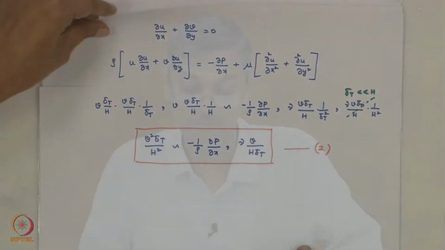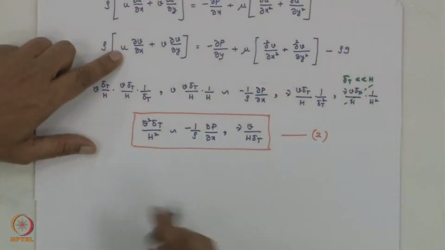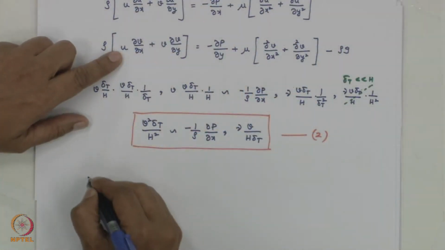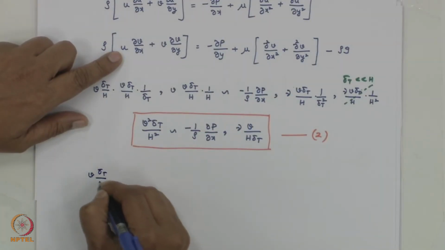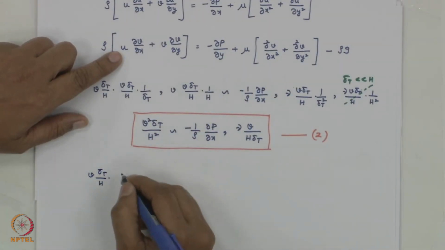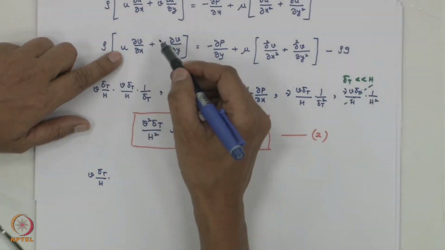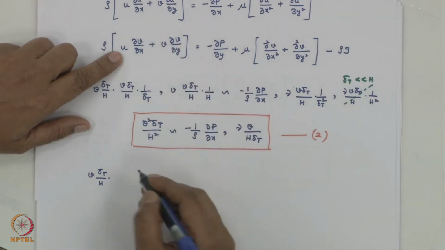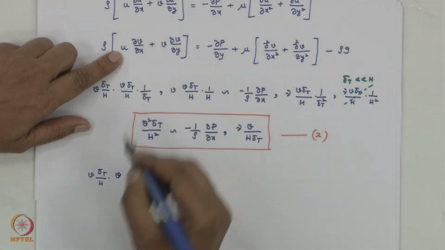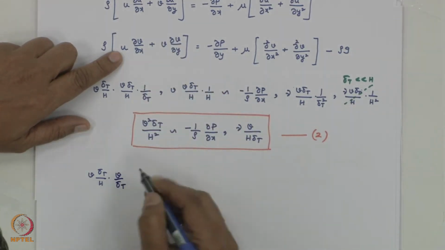Now let me take up the y momentum equation. The scale of u is v delta t by h, and for v del v by del x, that will be v, and the scale of x is delta t.